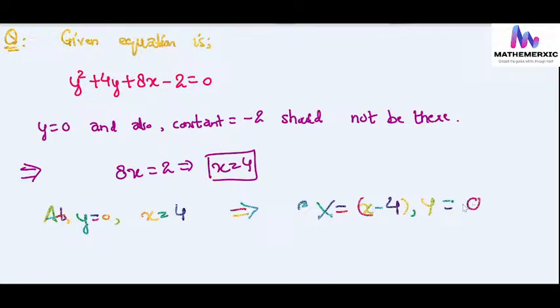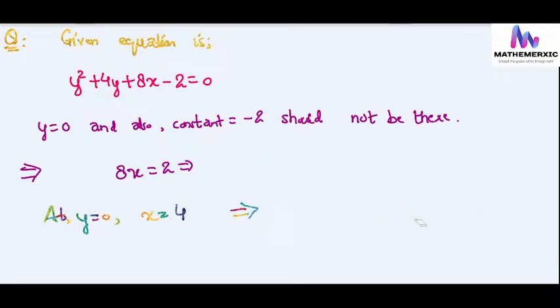But the problem is minus 2 also we don't require. So for minus 2, what have I done here? It is 1 by 4, no? So it is not correct. Okay, my mistake. So we have got x is equal to 1 by 4.